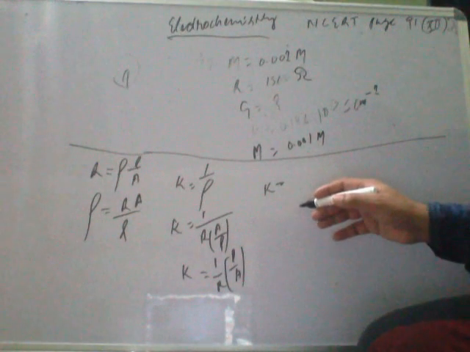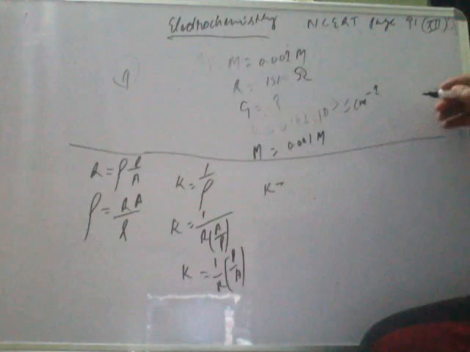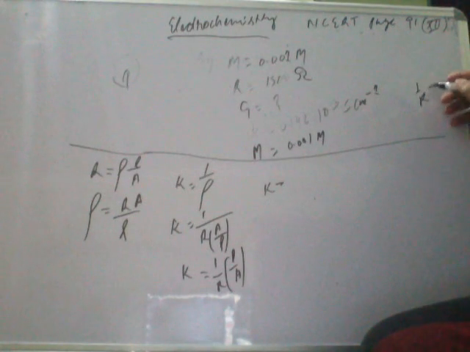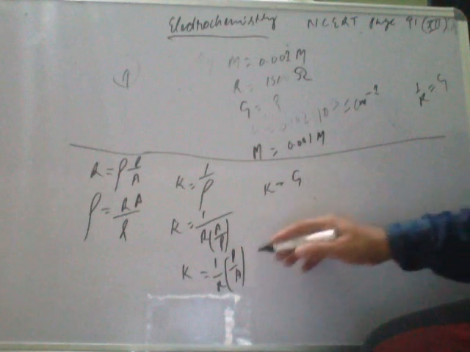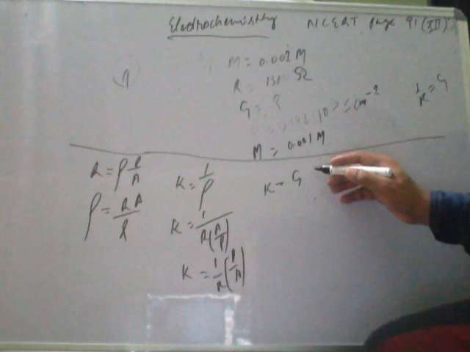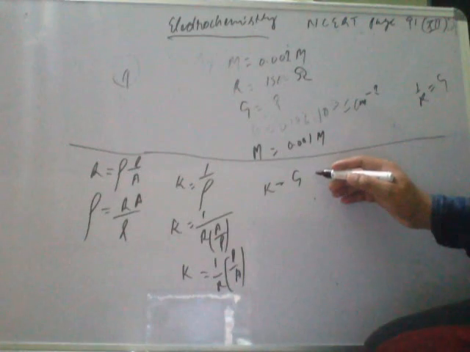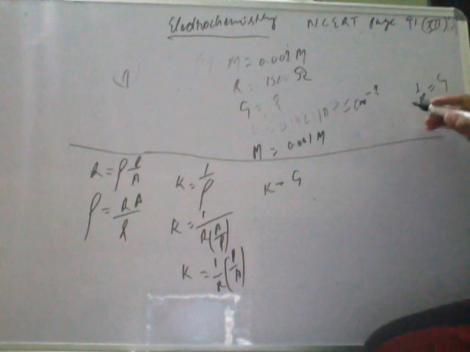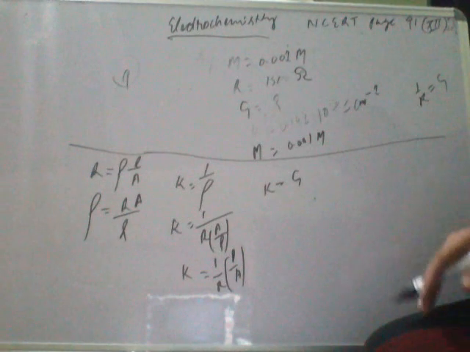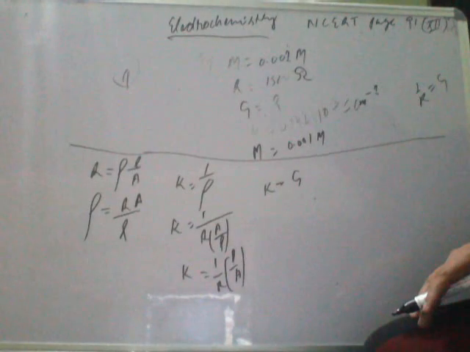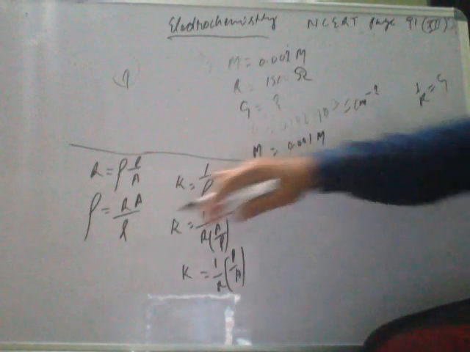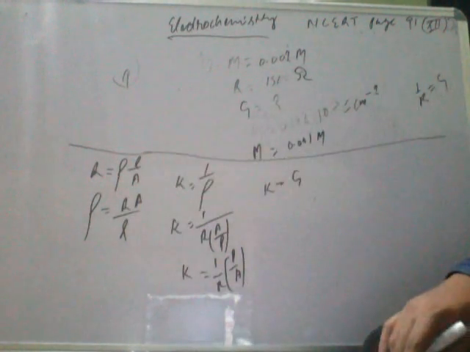So 1 by R is equal to G, so I am writing here G into L by A. Okay, wait. R is equal to rho L by A, that is correct.